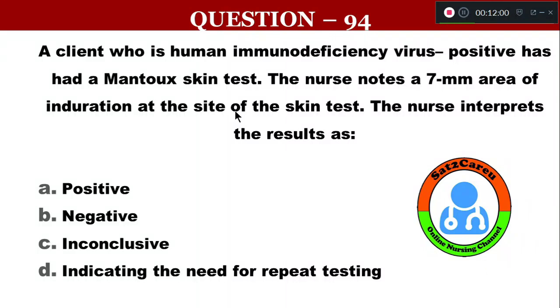Question number 94. A client who is HIV positive has had a Mantoux skin test. The nurse notes a 7 mm area of induration at the site of the skin test. The nurse interprets the result as option A positive, B negative, C inconclusive, option D indicating the need for repeating the test.